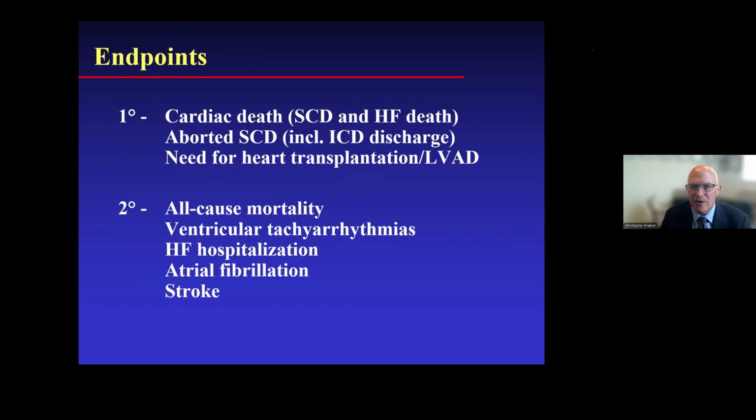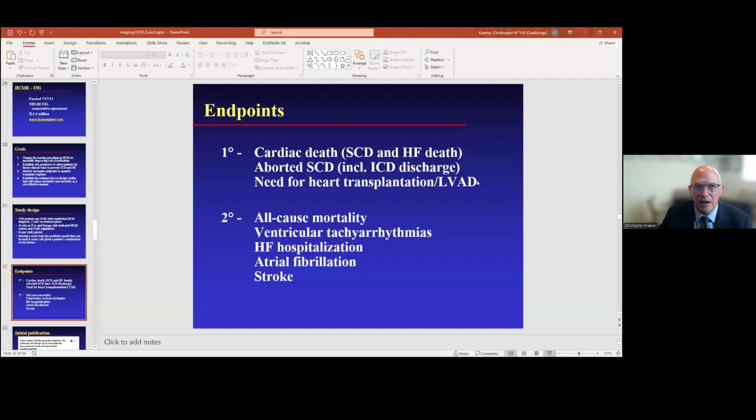These are the primary and secondary endpoints of the study. The primary composite endpoint includes cardiac death, both sudden cardiac death and heart failure death, as well as stroke death, aborted sudden cardiac death, including ICD discharge, need for heart transplantation or LVAD.